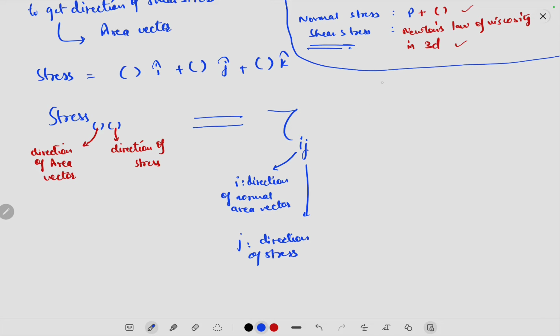In some books, to differentiate the notation for the shear stress and the normal stress, they use tau ij and sigma ii, where tau tells you that you are talking about shear stress, and sigma tells you that you are talking about normal stress.